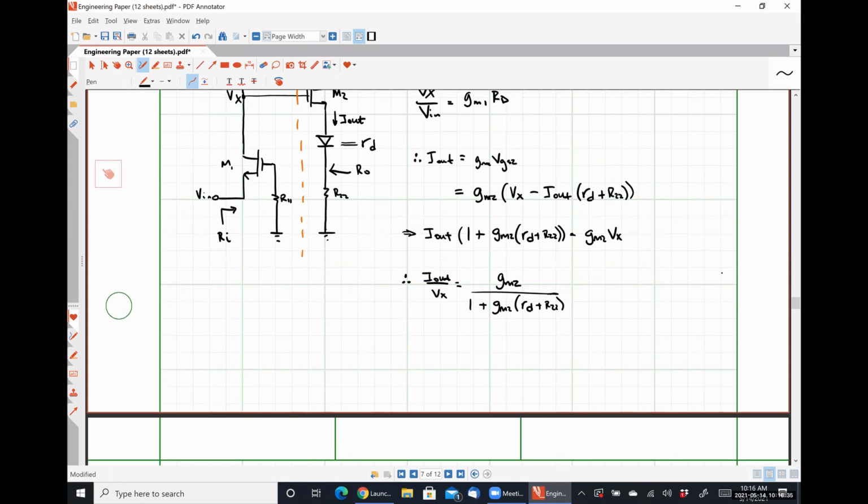So from this, my overall open loop gain, A1, is just the product of my two transfer functions. So that's going to be GM1, GM2, capital RD, divided by 1 plus GM2 RD plus R22.